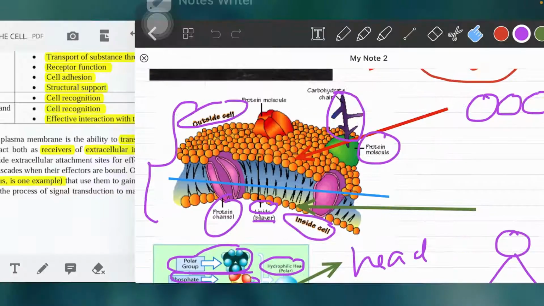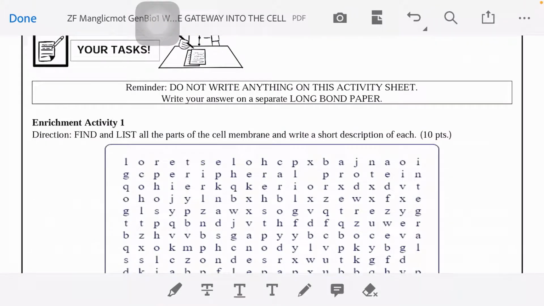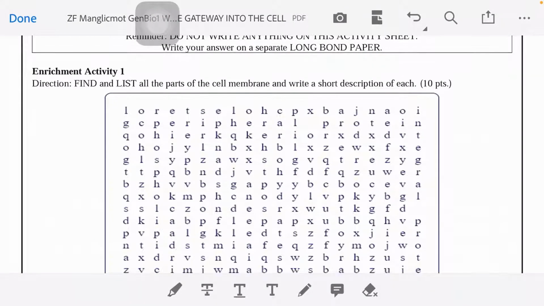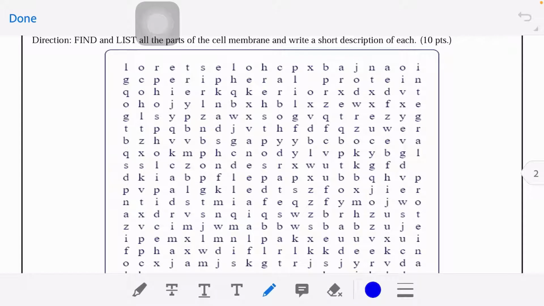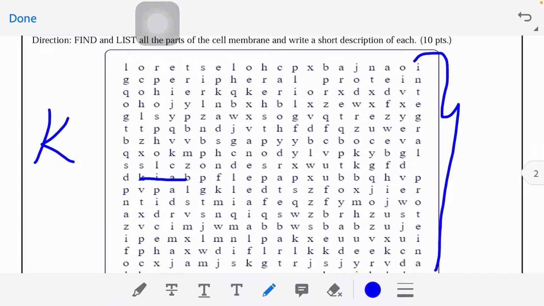For activity number 1, you're simply going to find and list. If you're diligent, you can copy it entirely, but I won't suggest that you copy the entire letters. Find and list. For example, if you find one of the items you're looking for, just write it down. If you see something that isn't a part, just write it down anyway. I didn't say copy the letters and then circle them.